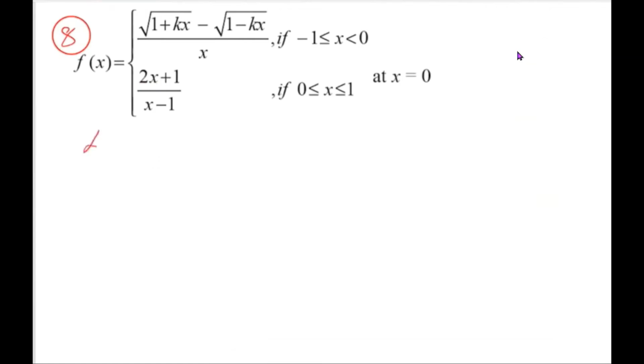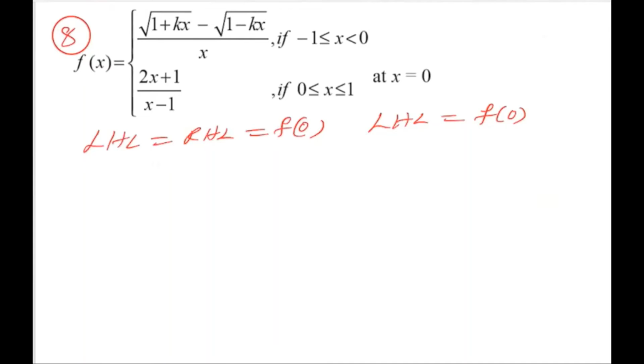So here you can write left hand limit equal to right hand limit equal to f of 0. So we shall equate left hand limit and f of 0 because it is given to be continuous. In other words, we need to find k so that the function is continuous at x equal to 0. If a function is continuous at x equal to 0, left hand limit, right hand limit and f of 0 all must be same.